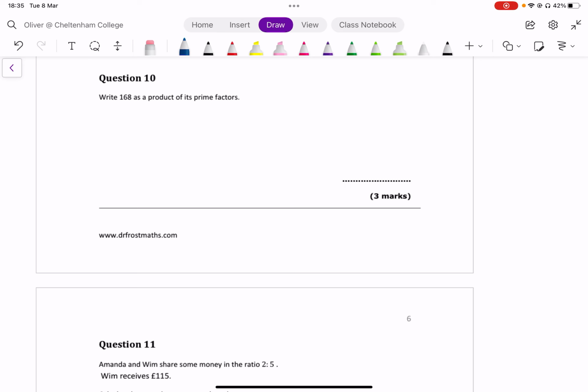168 as a product of its prime factors. Well, we know from our calculator if we do 168 equals and then press the fact button, which I temporarily can't find.